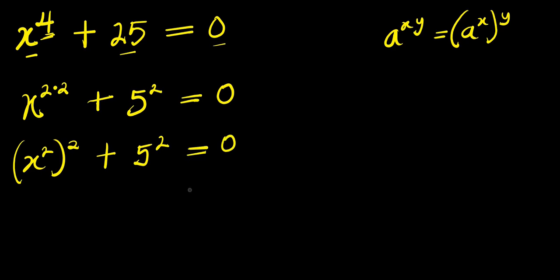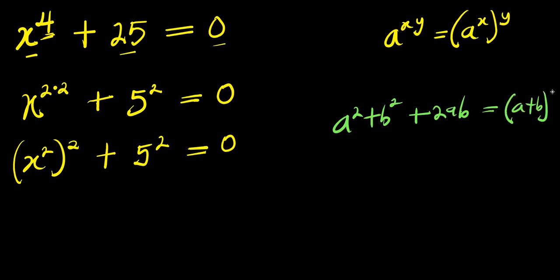So right now, let's consider this identity. If you have, let me use a, a squared plus b squared plus 2 times ab, this is the same as writing a plus b power 2.